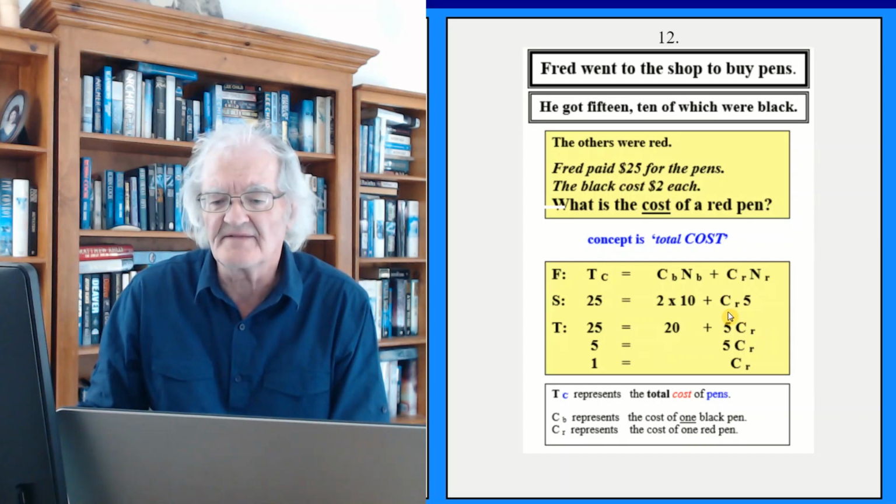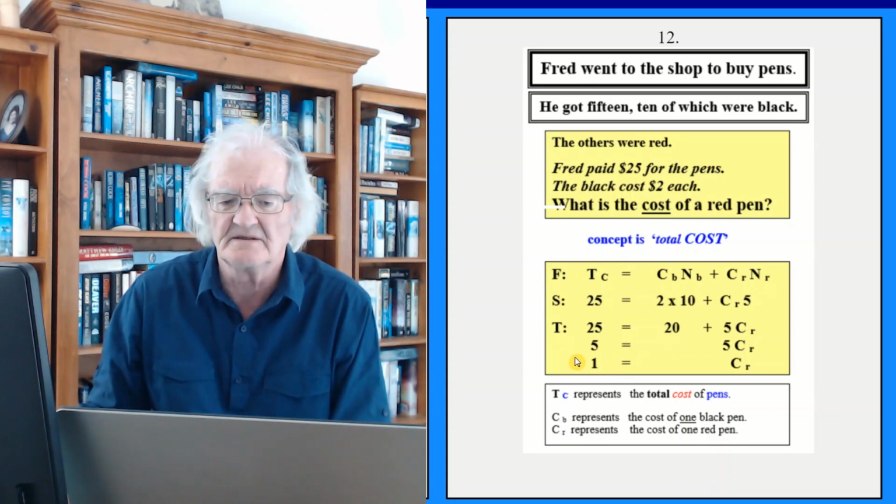We can work out the cost of one red. To do so, we tidy up this equation, shift things in the usual manner, and draw the conclusion the cost of a red pen is $1.